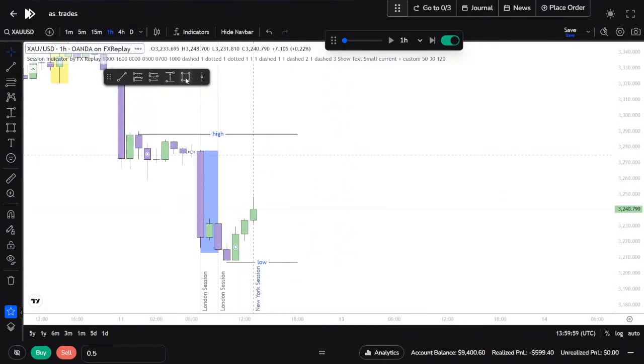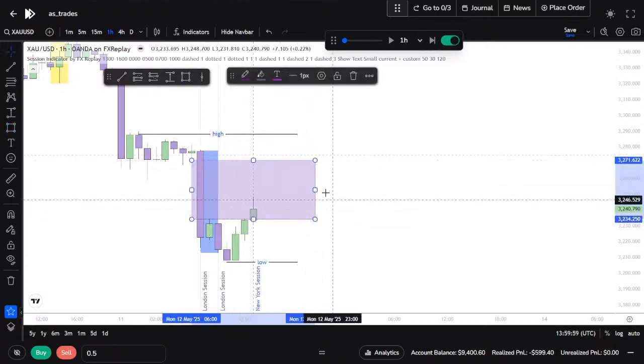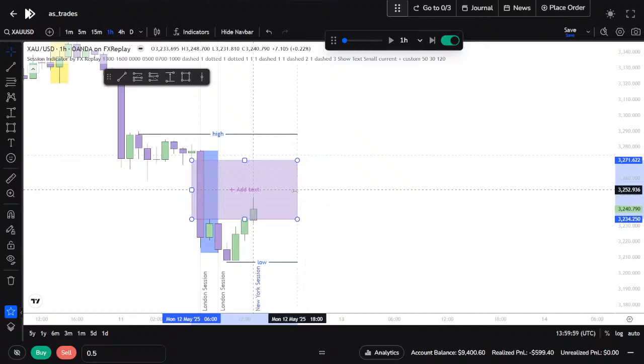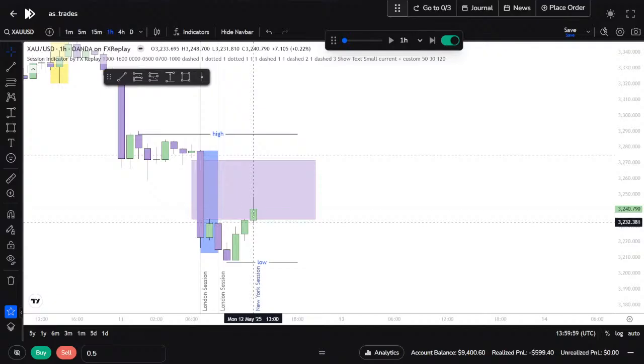We're looking for, first of all, a fair value gap. Should put this here. We're gonna see if price respects it or not.